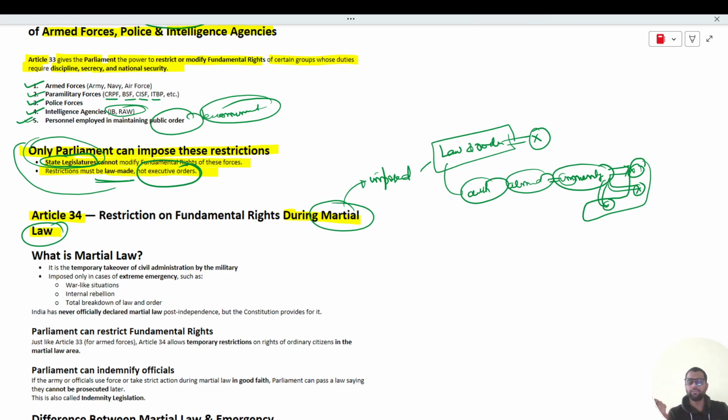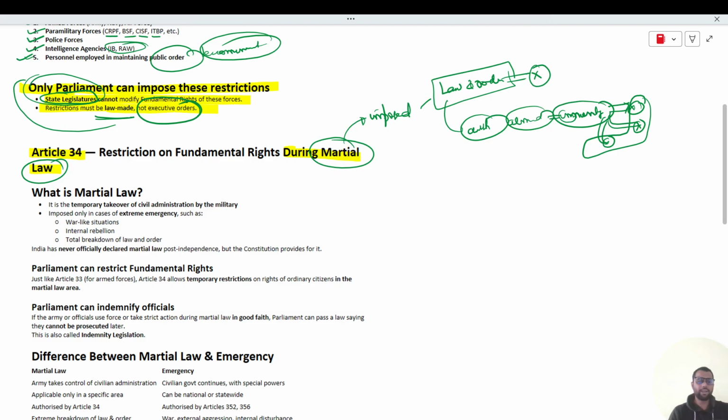And why is martial law enforced? Because there is an extreme breakdown of law and order. To restore that, the army personnel and armed forces are given the responsibility. Now, in order to execute that responsibility, if they commit something, they will not be prosecuted later. That is what martial law is. It is a temporary takeover of the civil administration by military personnel. That is martial law.